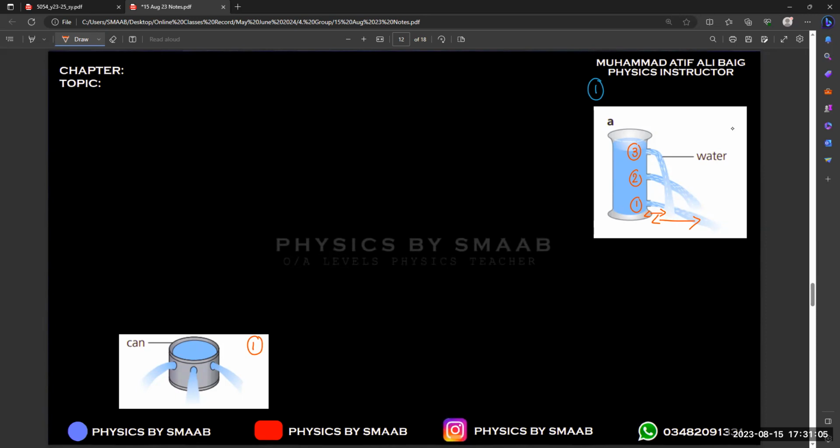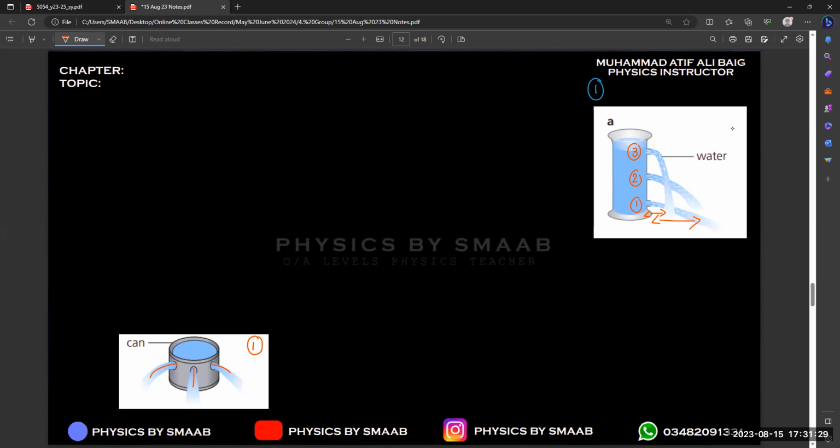You can see that water is coming out equally from all directions, because all the holes are at the same level. That is the basic law of Pascal that helps you derive the equation for hydraulic lift and hydraulic brake, but that is not included, so we are not going to write that.